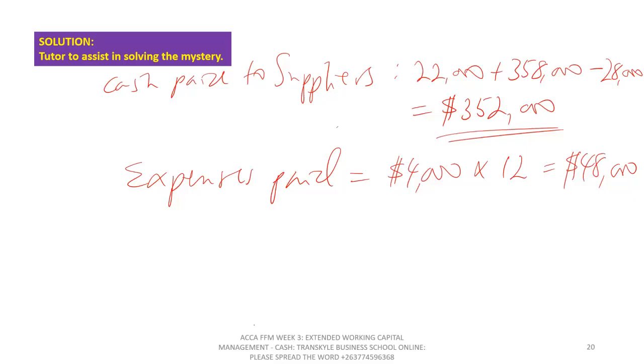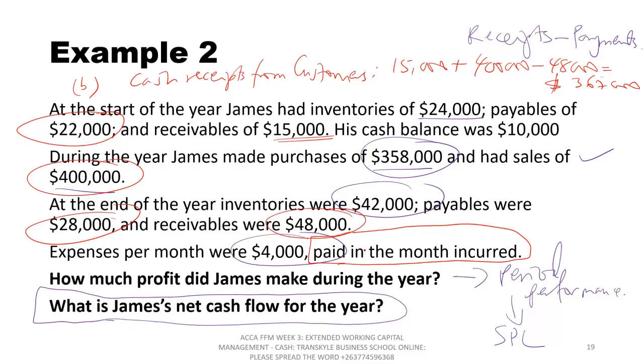Okay, so what was the cash at the end of the year? Cash at end of year, which is the net cash flow. At end of year, we said this is the receipts less the payments, isn't it? So the receipts were how much?